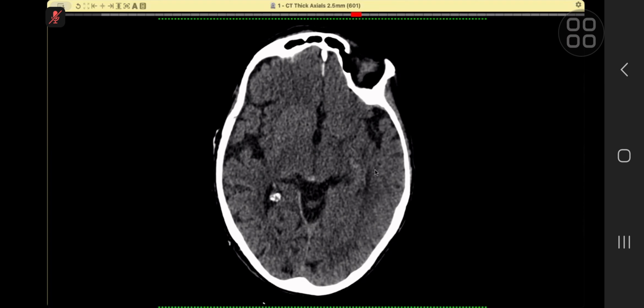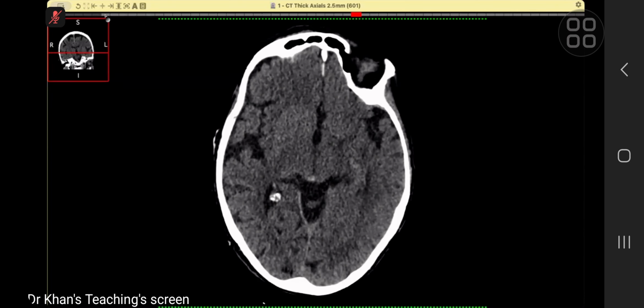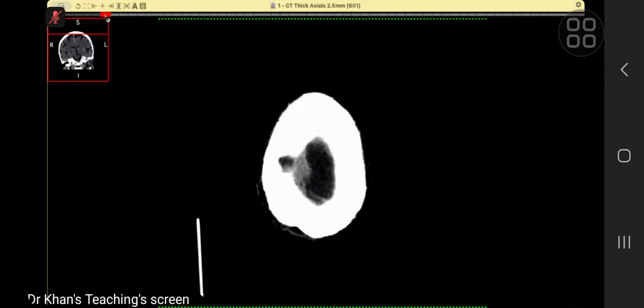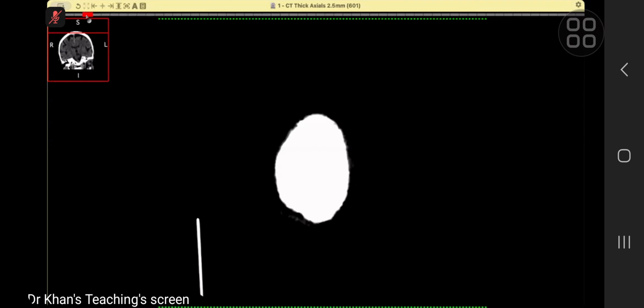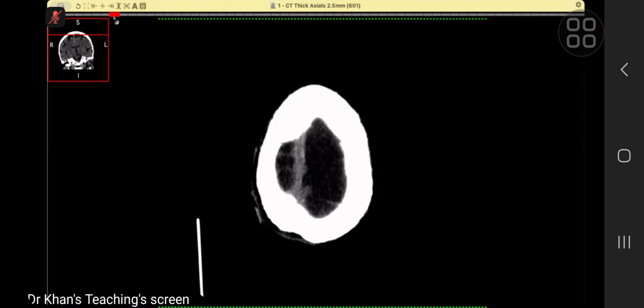Over to you. Yes, sir. It's not scrolling. I've been provided with plain CT images. I'll just take a moment to scroll through the images.